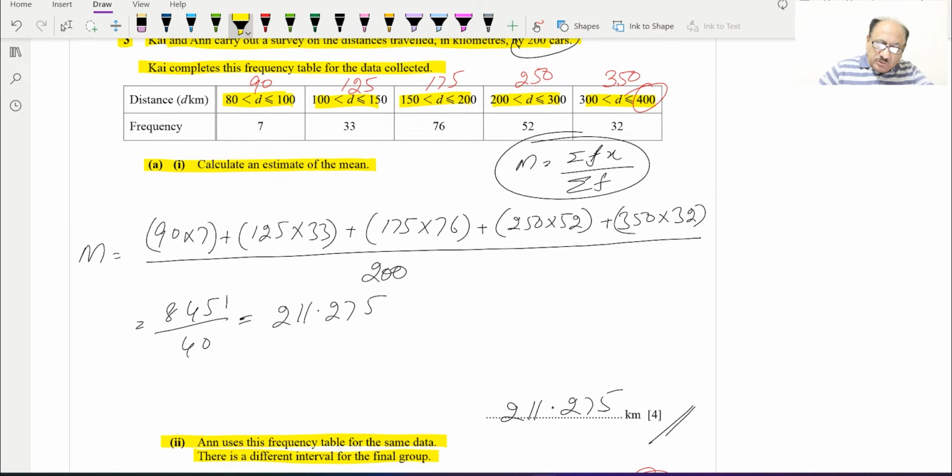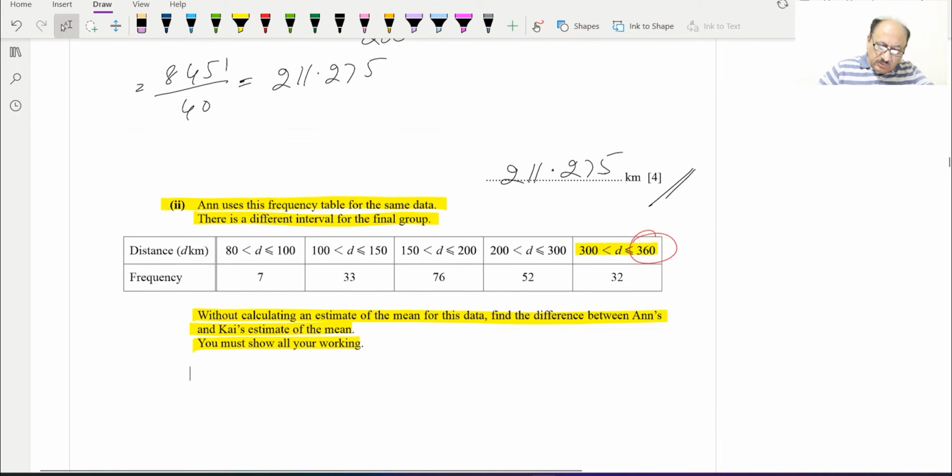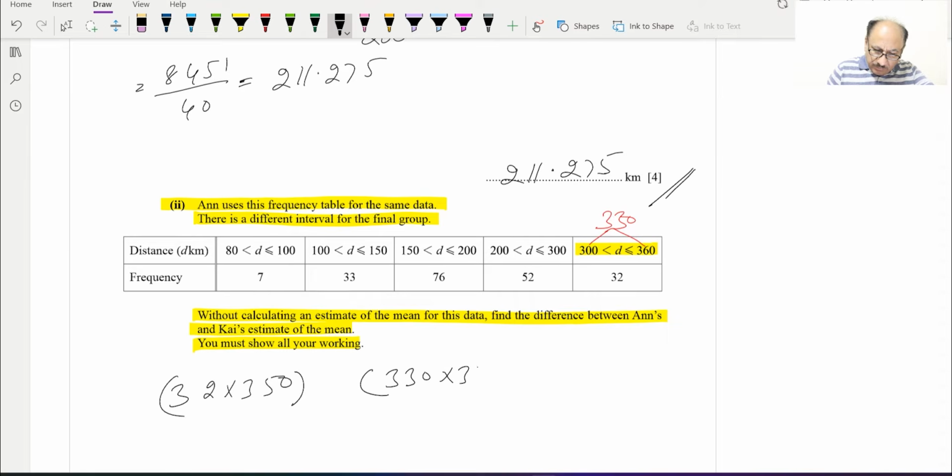We know for this one for K it is 32 multiplied by 350, and the mid range in this case will be 330. So 330 multiplied by 32, and the difference between them divided by 200, which is the sample size.